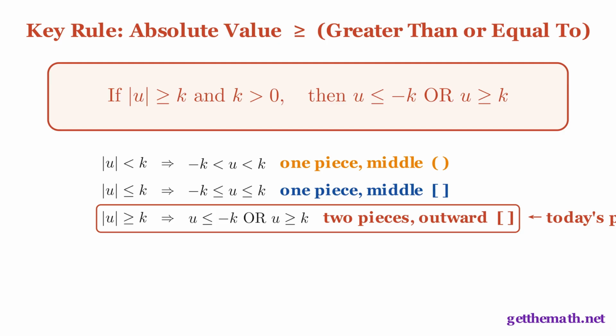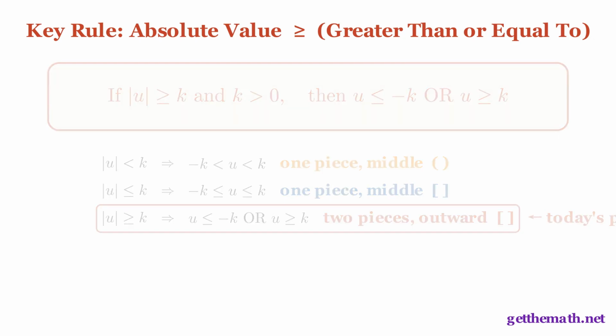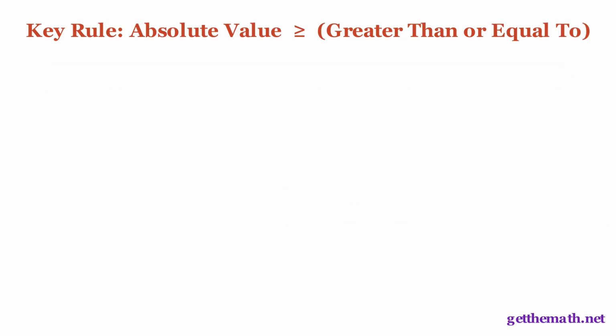One connected piece in the middle. Closed brackets. Closed dots. Case 3, absolute value of u is greater than or equal to k. The solution is, u is less than or equal to negative k, or u is greater than or equal to k. Two separate pieces going outward. Closed brackets. Closed dots. Today's problem is case 3.